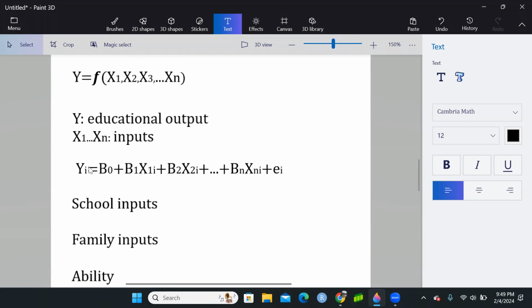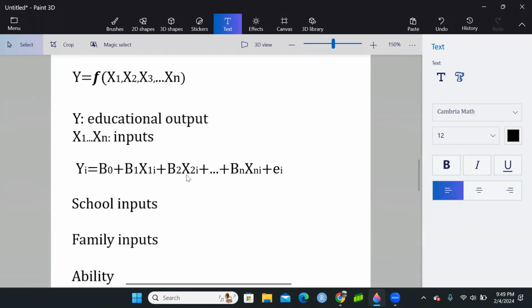So we might imagine running a regression analysis, something of the form of this, where the educational output, Y_i, that might be, let's say, SAT score for student i, is predicted by our intercept term and a constant for, let's say, highest grade completed by the respondent's parents.